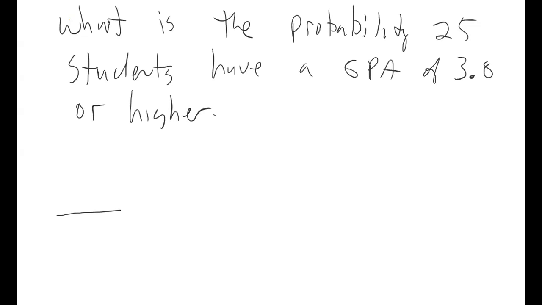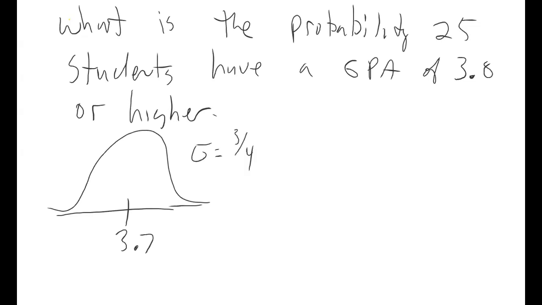So again, we draw a picture. Mean 3.7, standard deviation of 3/4, so 0.75. Put in our 3.8, color to the right.